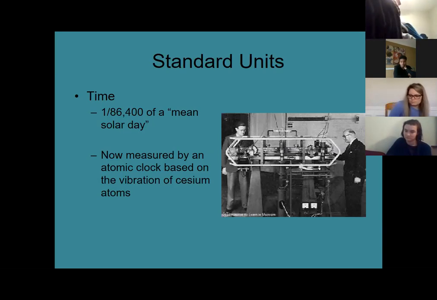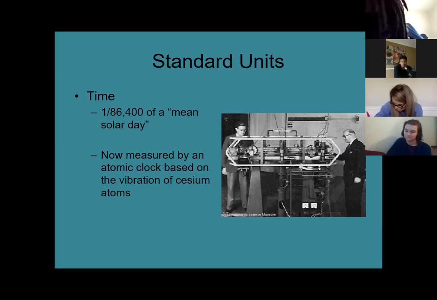Now, they have even more precisely measured a second by basing it on the vibrations of cesium atoms in an atomic clock. And the picture here illustrates the first atomic clock that was built many, many years ago.